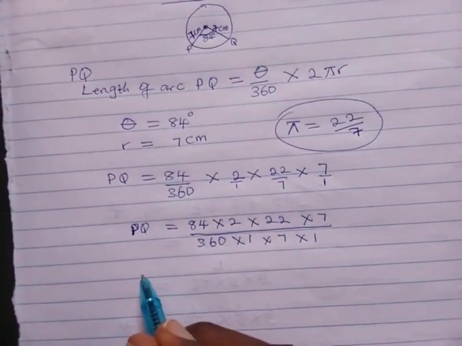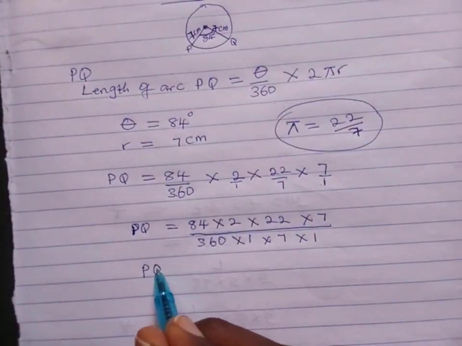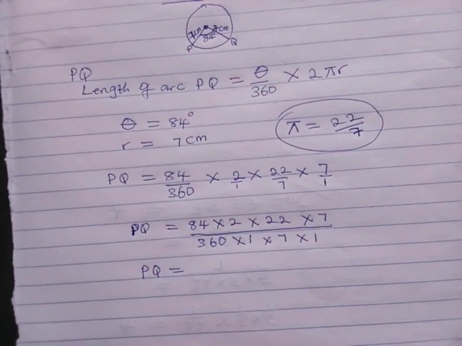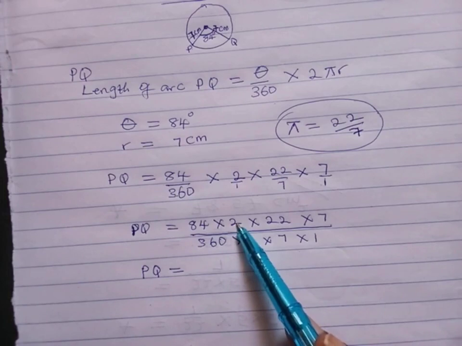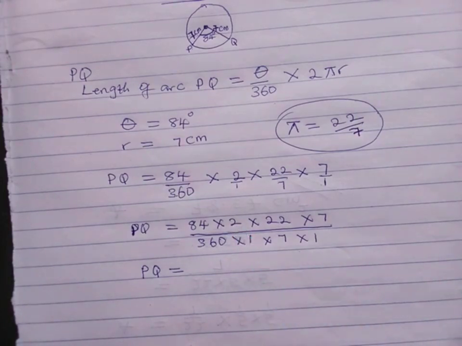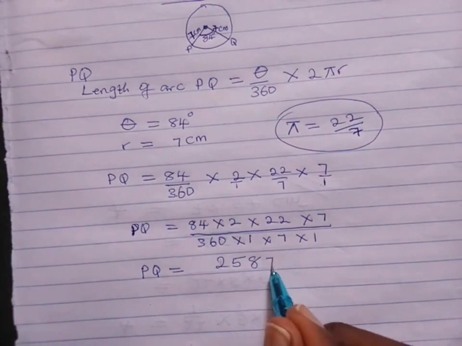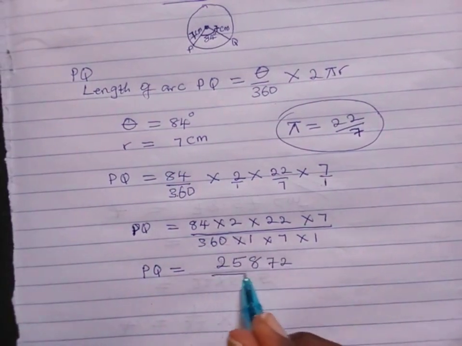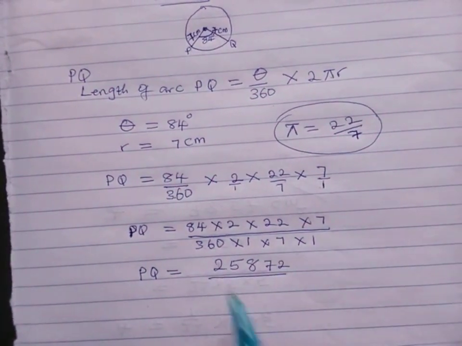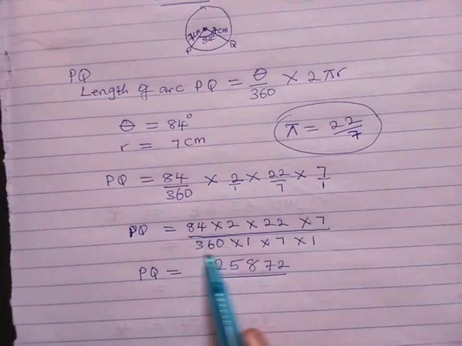So, when we multiply out what we have as the numerator, 84 times 2 is giving us 168. You can do this on your own, or if a calculator is allowed, you can use a calculator to do that. Multiply by 22, multiply by 7. When you do that, you're going to have 25872. Everything divided by, now we'll multiply out the denominators.